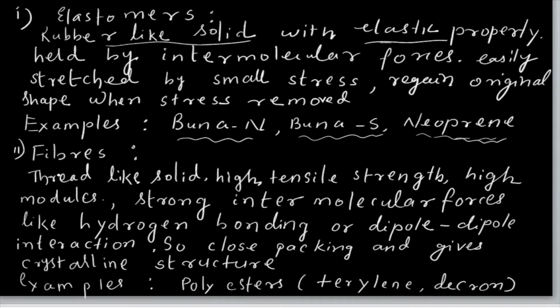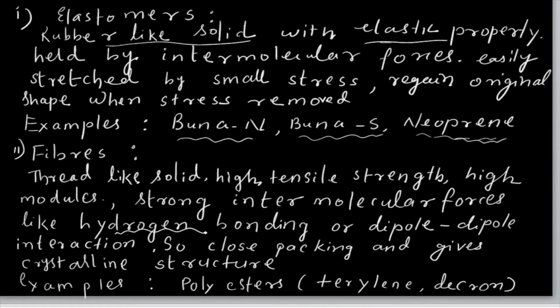Then come to fiber. What is fiber? Fibers are thread-like solids with high tensile strength and high modulus, with strong intermolecular force. In rubber there is no such strong force, but in fiber there are strong intermolecular forces like hydrogen bonding or dipole interaction.